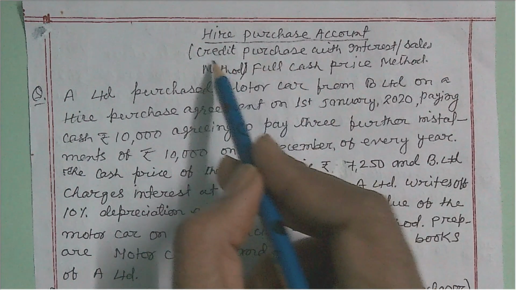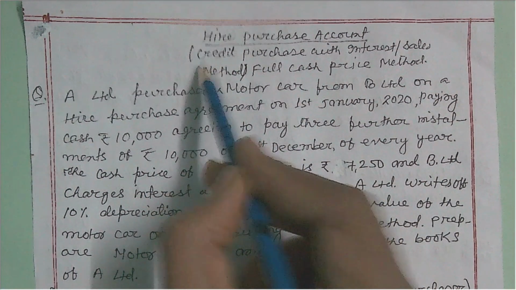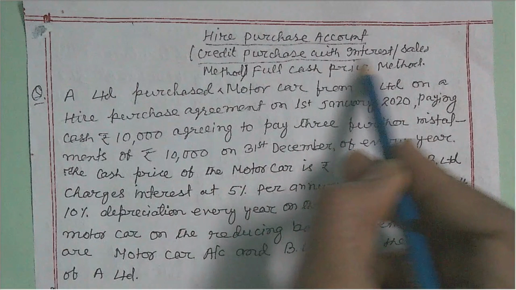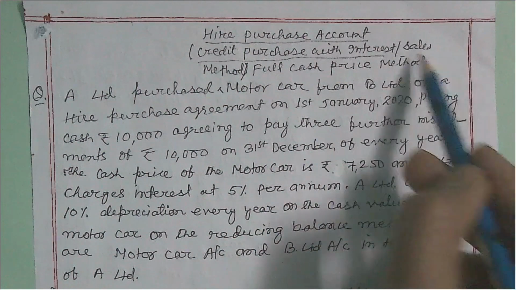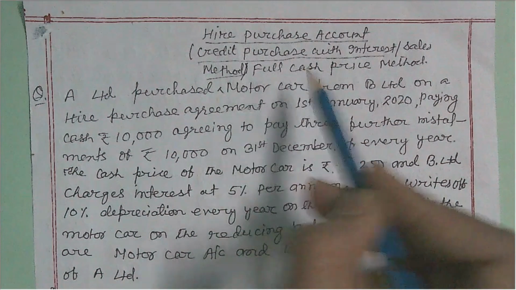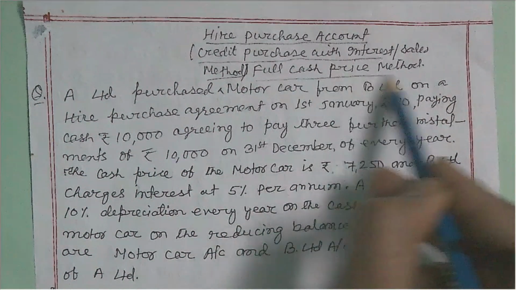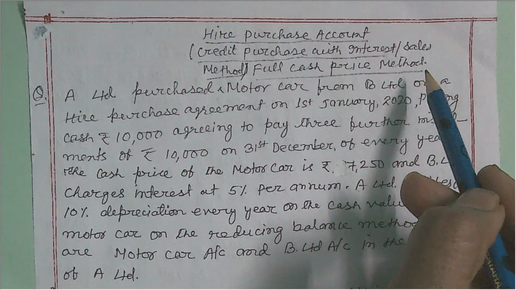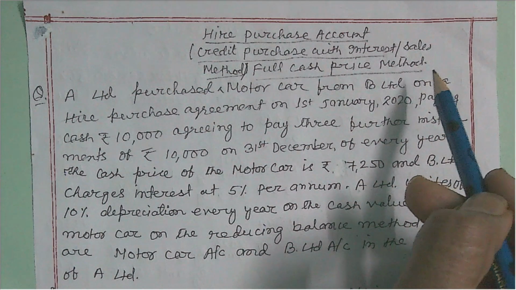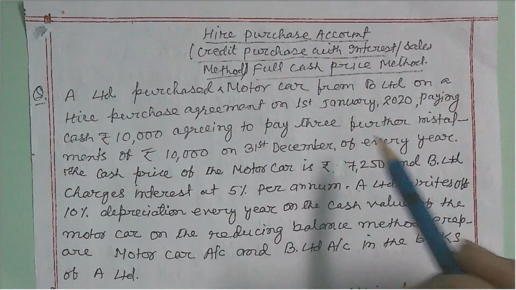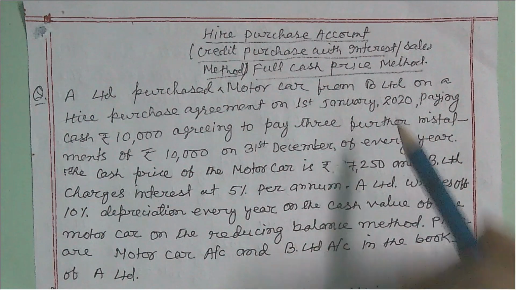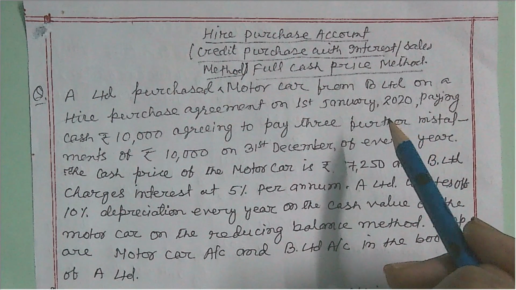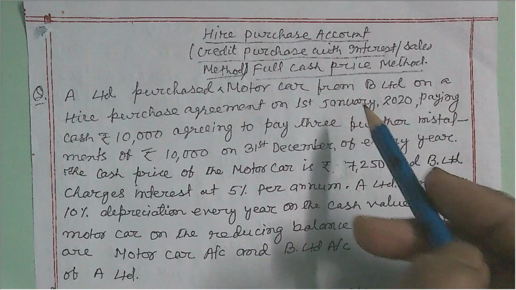Among them, I have used the credit purchase with interest or sales method, also called the full cash price method, where the full value of the asset is recorded. Because the problem is based on substantial sales value, that is, the goods are capital goods having a reasonably higher value.